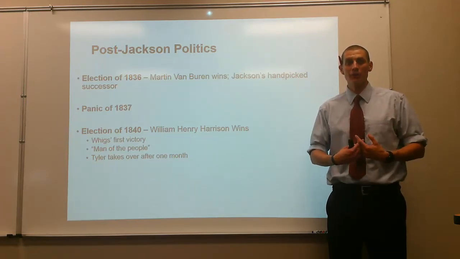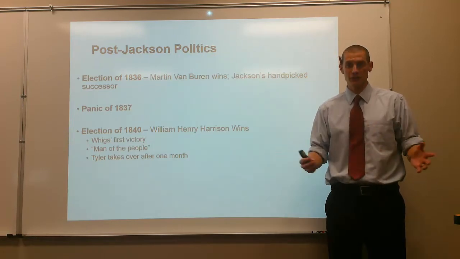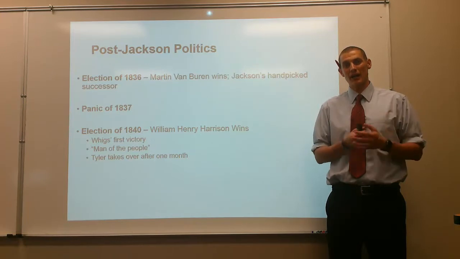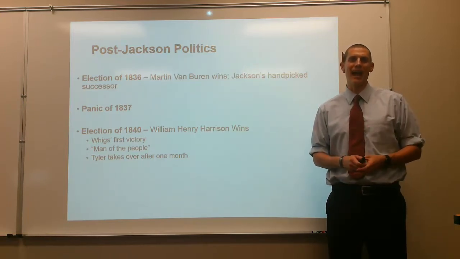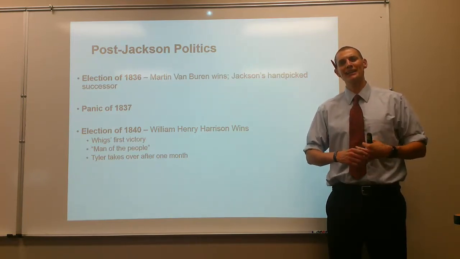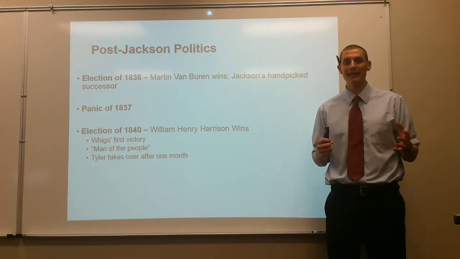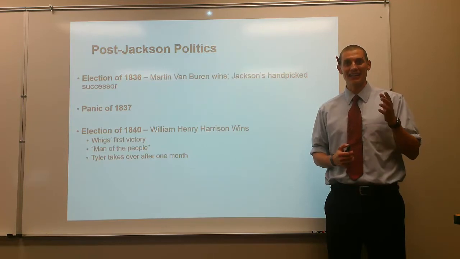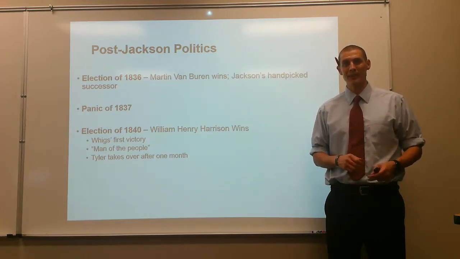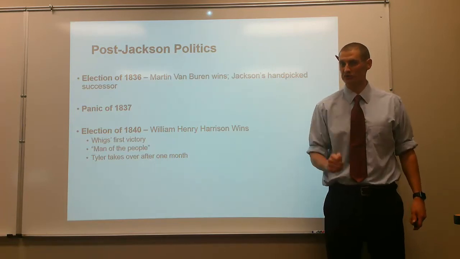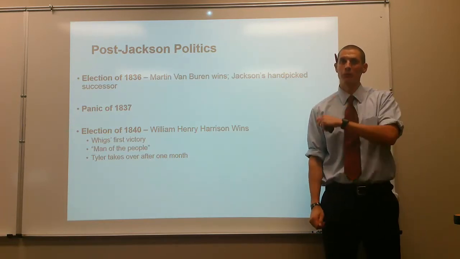So they started loaning out far too much money to people, which made inflation skyrocket. The value of the dollar is going down because there's too much money in the economy. Andrew Jackson, always one who hated paper money, decided he is going to fix this problem. If you wanted to pay back a loan, you had to do it with gold or silver. You had to do it with actual money.